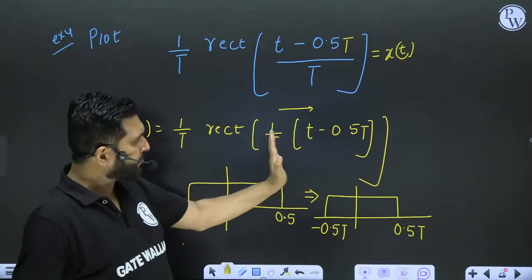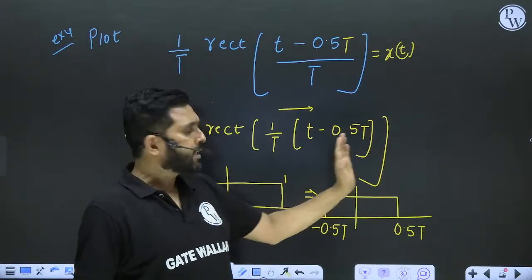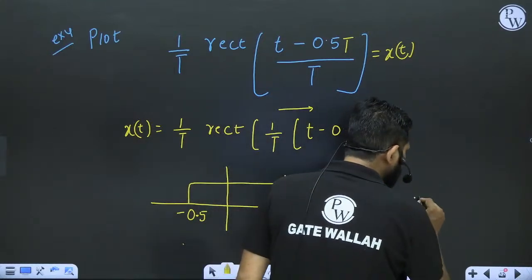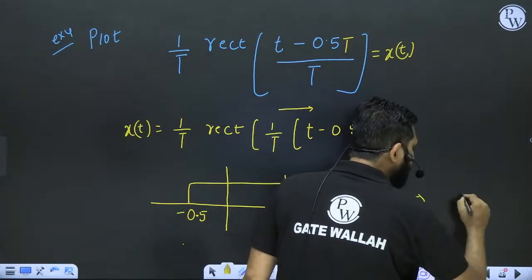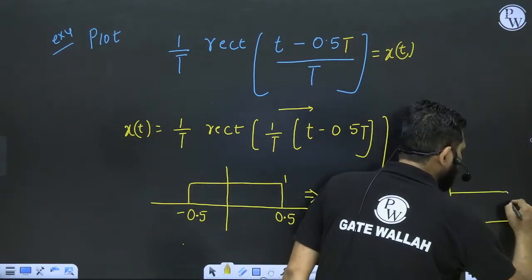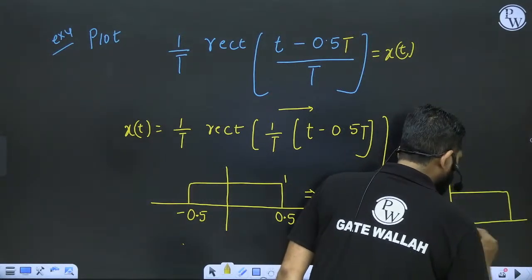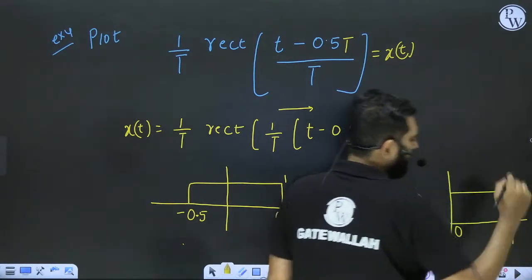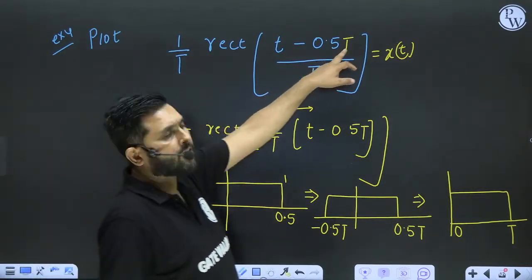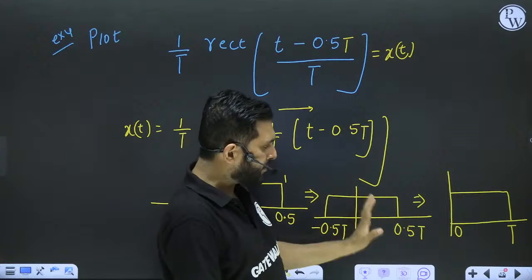After that, what we have to do? We have to shift it to the right by 0.5 T. When you shift it by 0.5 T, this becomes the signal from 0 to T. I forgot that there should be a T here earlier, but yes, it's okay.